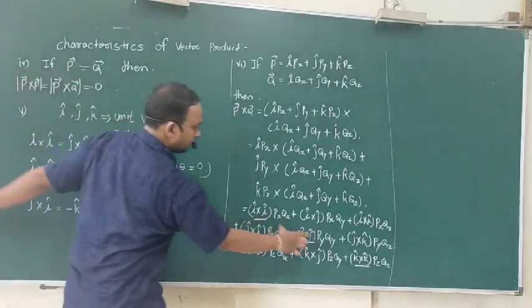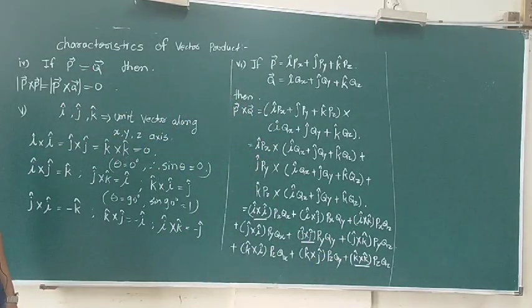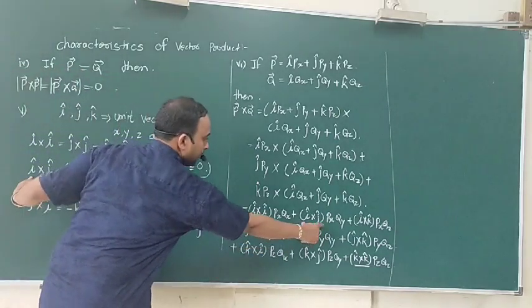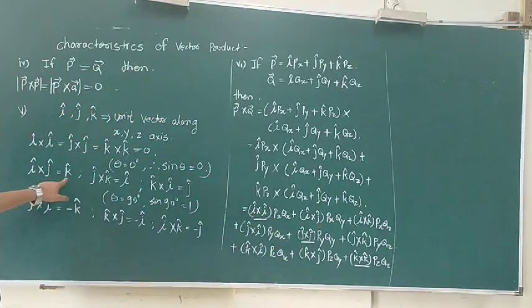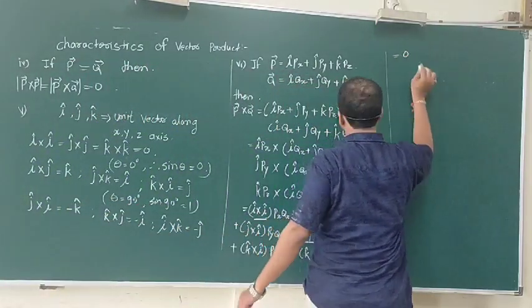That means these three terms are equal to 0. Now see here, i cap cross j cap is equal to k cap.